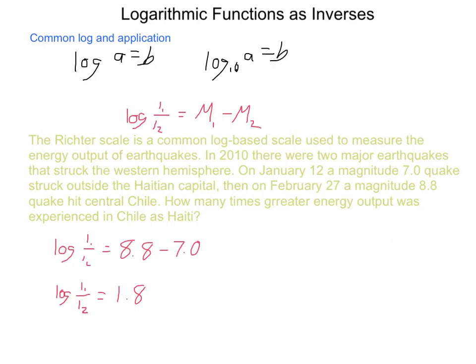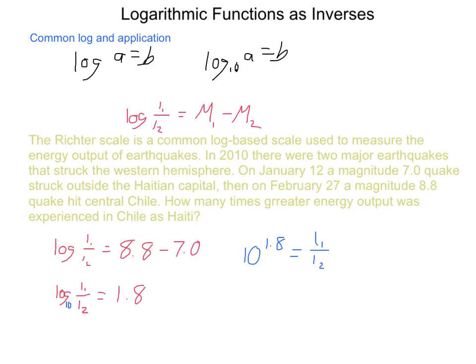So now in order to solve this for our unknown, remember this is a log base 10, and converting back from what we had previously, this means that we're going to take 10 to the 1.8 power will give us that ratio of I1 divided by I2.